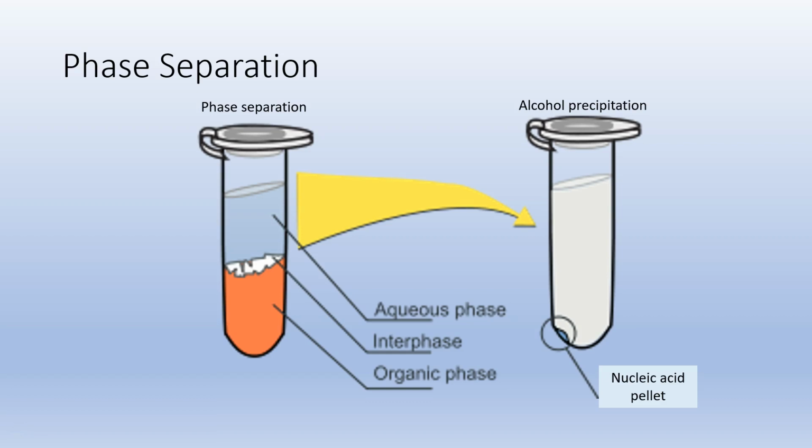You can do that with household materials, obviously, as you saw in the protocol that I loaded for you to try out. However, that's not going to give you a super pure DNA, which is what you need for any downstream activity in a molecular and cellular biology lab.